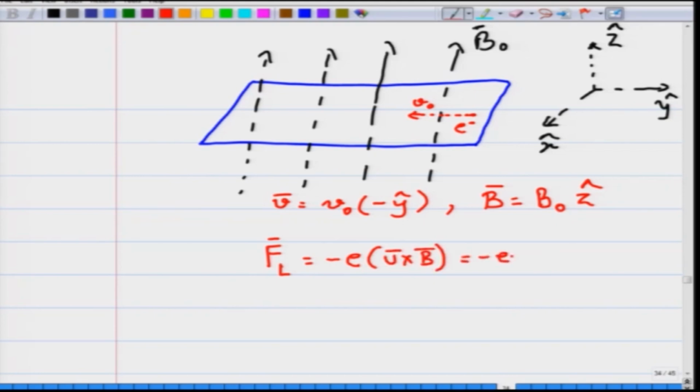This is minus e into V naught B naught, minus y cap cross z cap, and in your cross product you know that this will be e V naught B naught x cap. Okay.